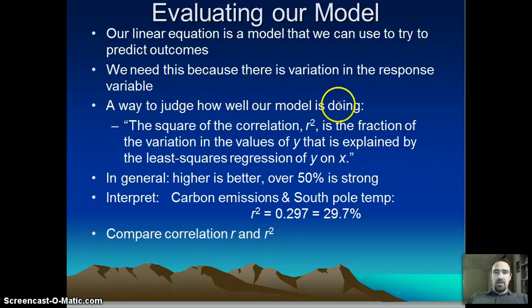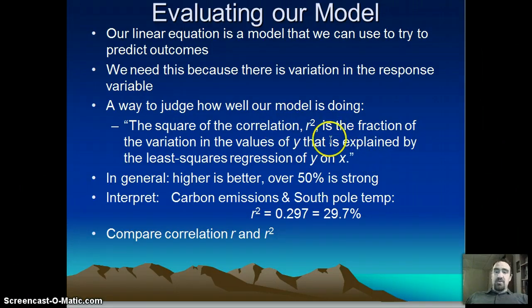The way to judge how well our model is doing this is by taking the correlation r and squaring it. The square of the correlation can be interpreted this way. It's the fraction or the percent of the variation in the values of y, our outcome, that's explained by our least squares regression of y on x. So what we're looking for is a high percent.